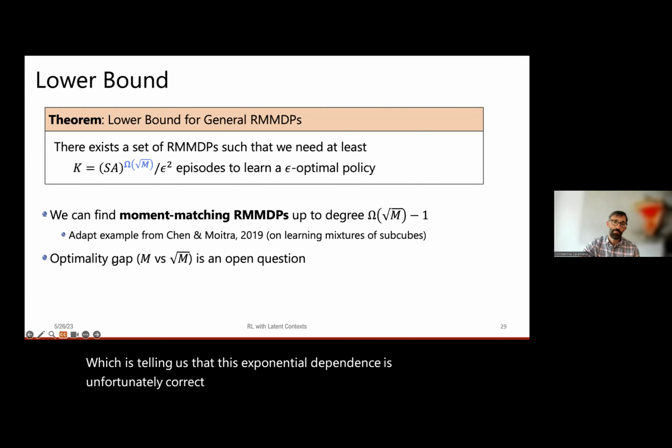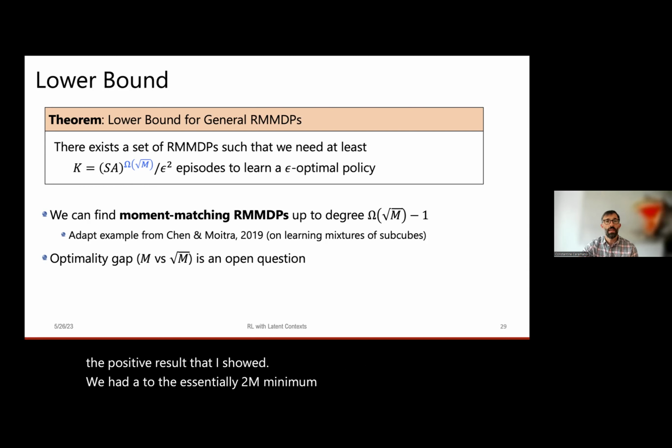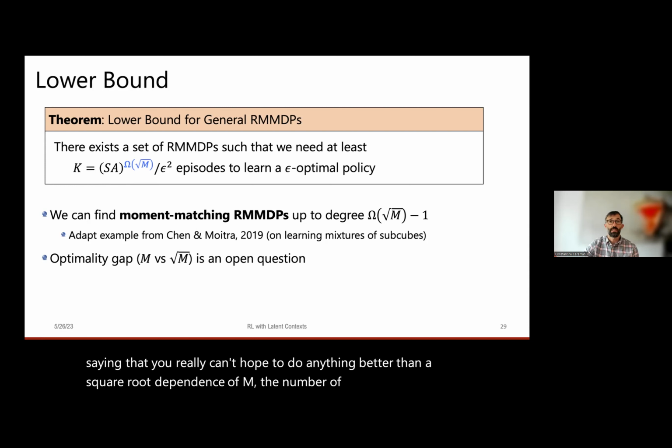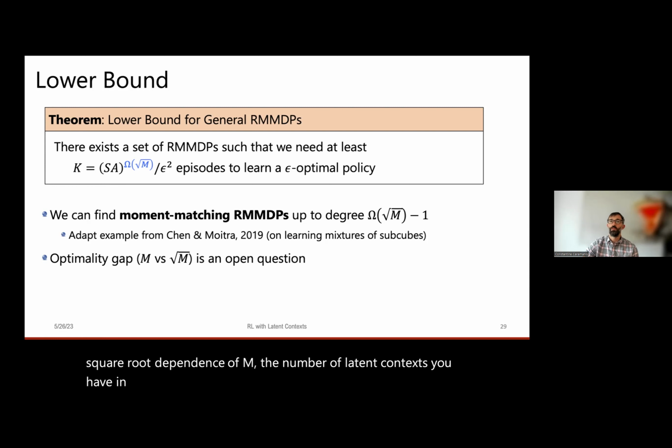You'll see that there's a gap here because in the positive result that I showed, we had SA to the essentially 2M, minimum of 2M and H. And this is saying that you really can't hope to do anything better than a square root dependence on M, the number of latent contexts you have, in the exponent.